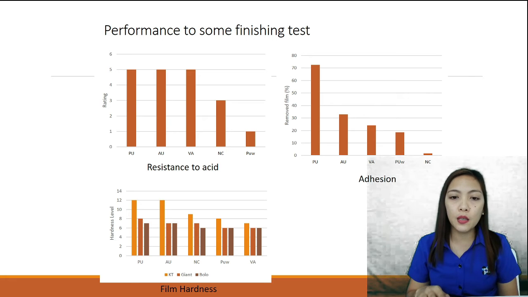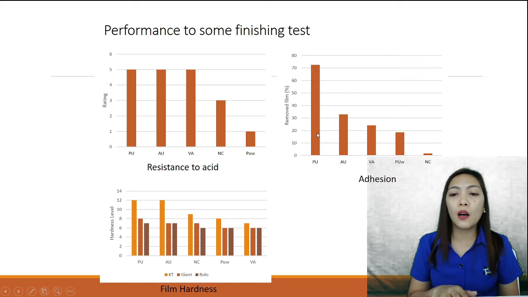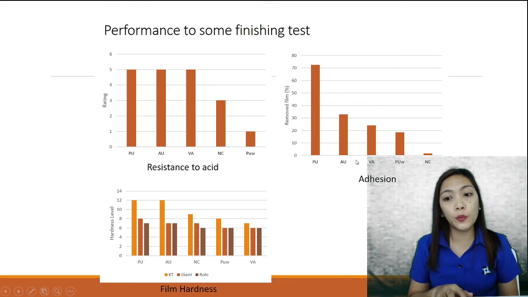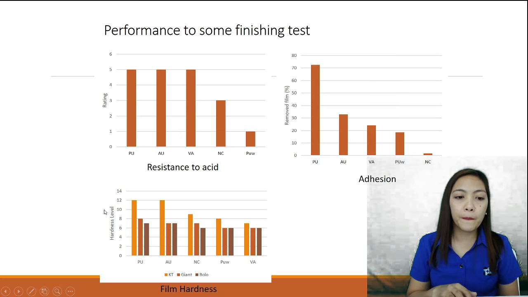As you can see, the second slide or second picture shows yung percent na film removed sa finish na kawayan na sample. So you will see that yung NC has lower percent film removed. Ibig sabihin niya, meron siyang mas mataas na adhesion property as compared with other finishes like AU and PU.